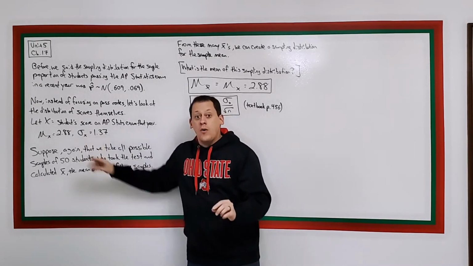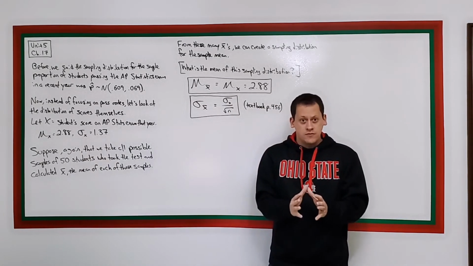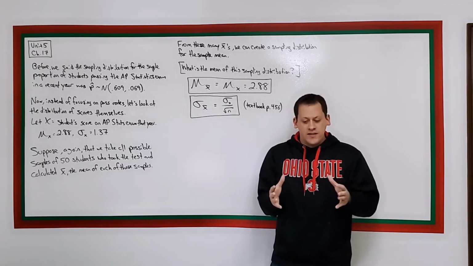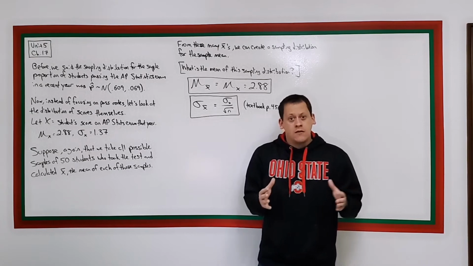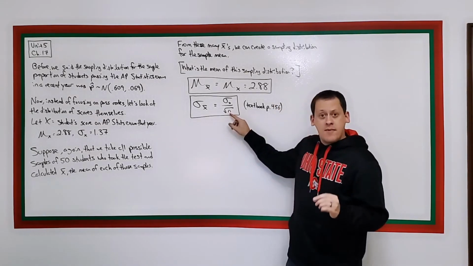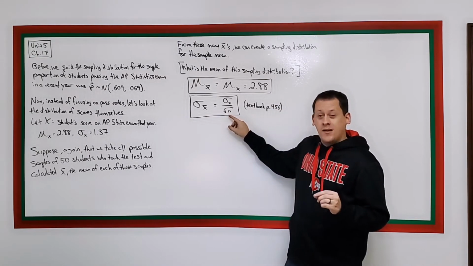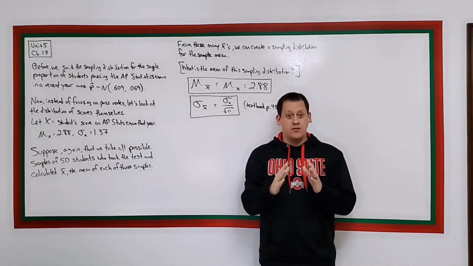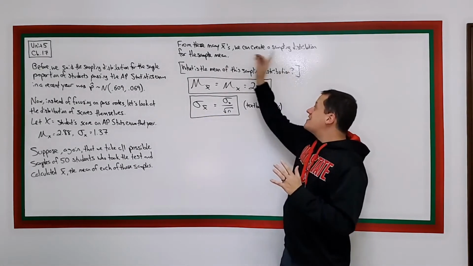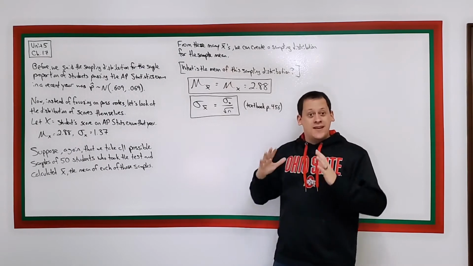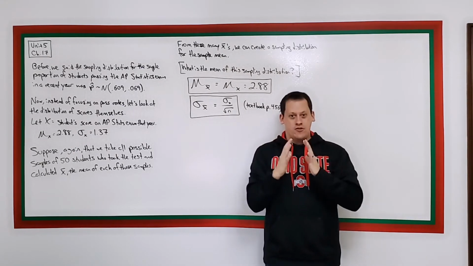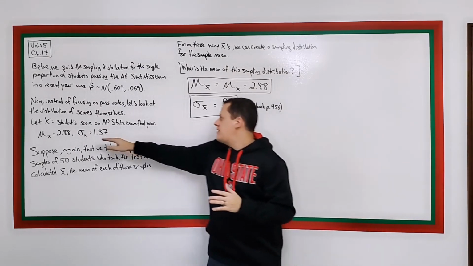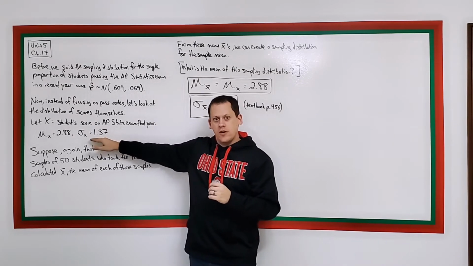But I want you to know, if you're dealing with a sampling distribution, if you're dealing with the variability of sample means, you gotta divide by that square root of n. Because this standard deviation is much smaller. You'll find that this sampling distribution is much tighter to the mean than the original population random variable.